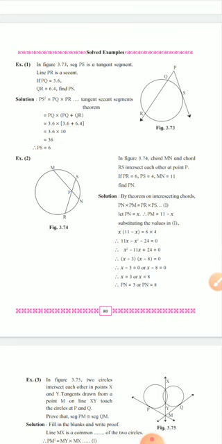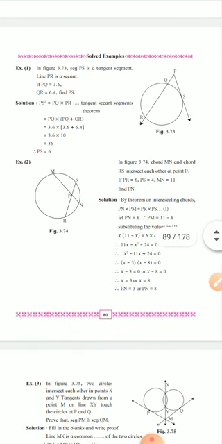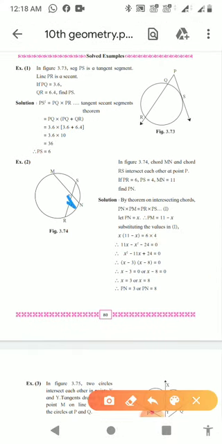Accordingly, I can write PN into PM is equal to PR into PS. Okay, so simply we have the values only here.